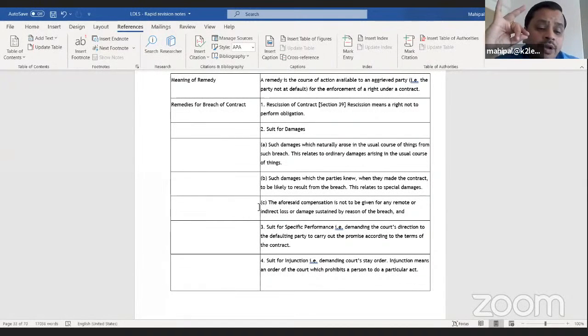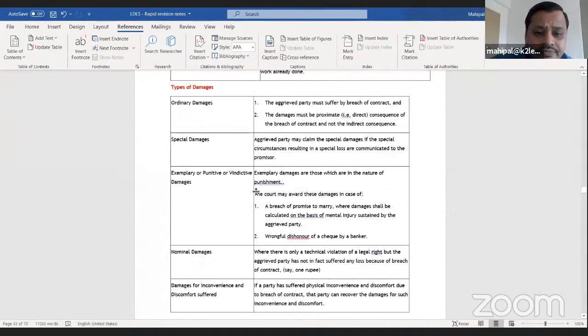It's a sale of immovable property. It might be sale of some antique, where there is no exact substitute available. Suit for injunction means a court's order prohibiting a person to do a particular act. It is nothing but a stay order. Am I clear?